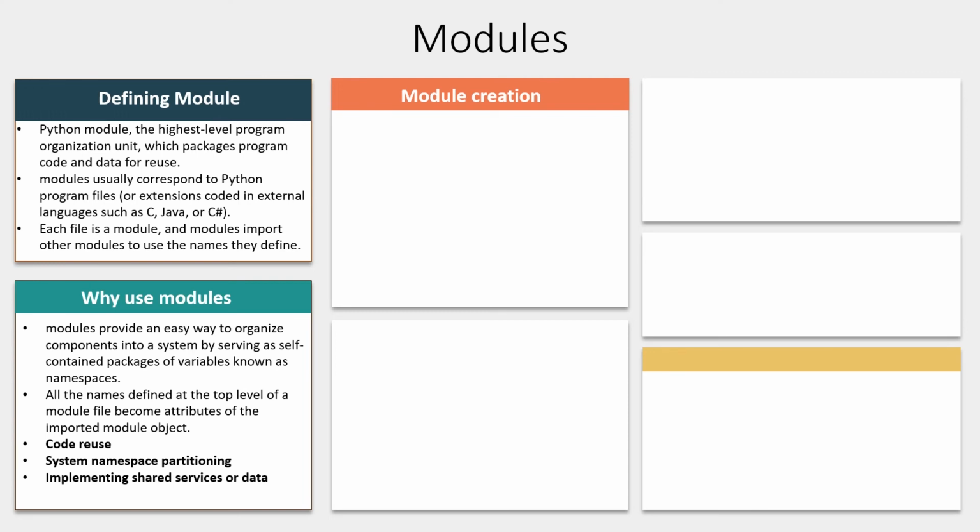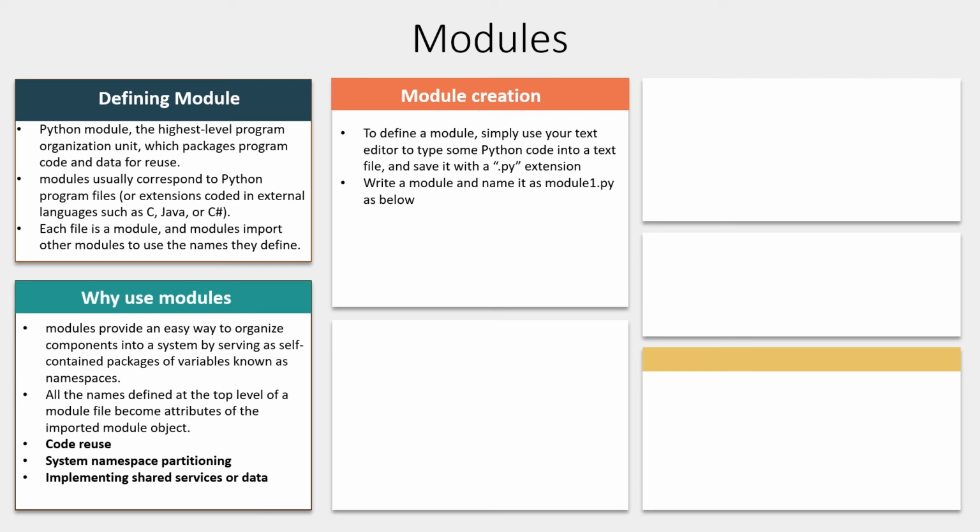So to define a module, simply use your text editor to type some Python code into a text file and save it with a .py extension. Code a module and name it as module.py or module1.py.